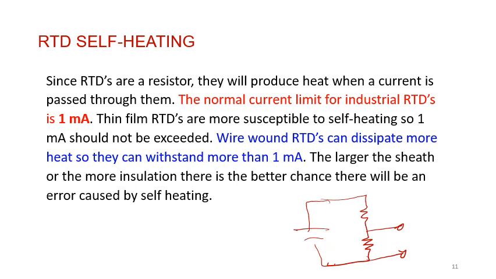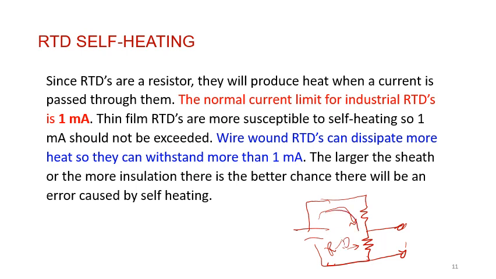This is a very simple one. Of course, we always depend on the Wheatstone bridge, but this time I'm going to use this one just for simplicity in calculation. So the current flowing here in the resistance is going to cause voltage on the output. Remember, this one is the RTD.